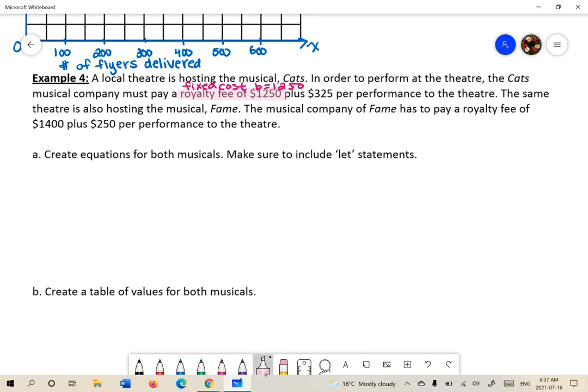That doesn't change. No matter how many performances they put on at the theater, they have to pay that royalty fee. And then they also pay $325 per performance. This is my variable cost, or my slope.